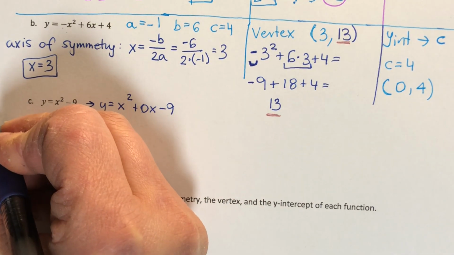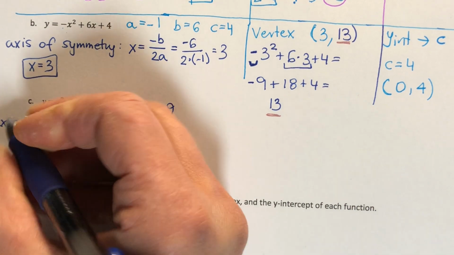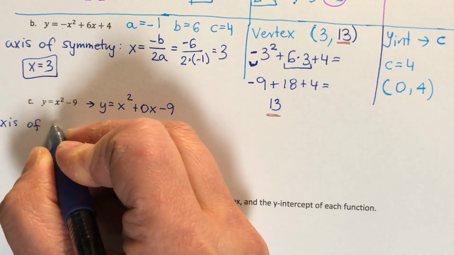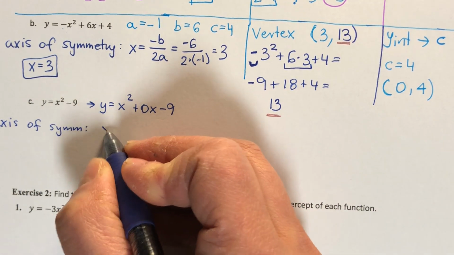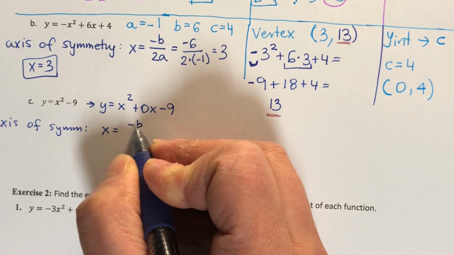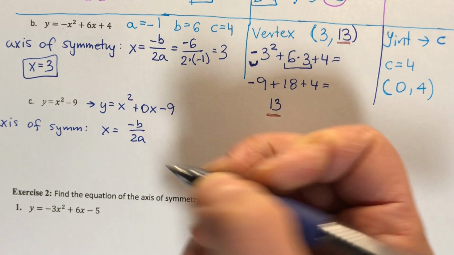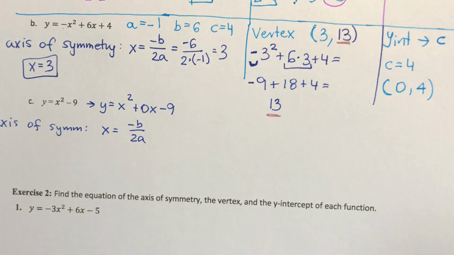But now what it helps me with is for axis of symmetry, the formula says that x is equal to negative b over 2a. It's much easier to see what the b is.